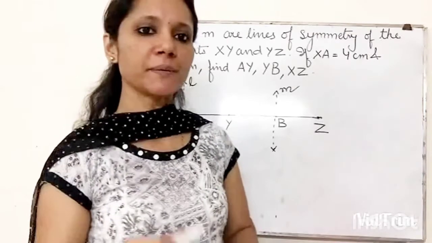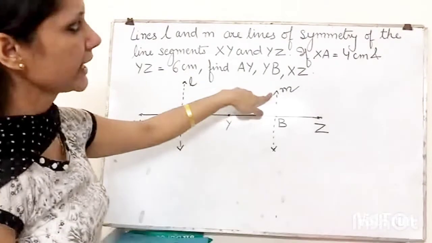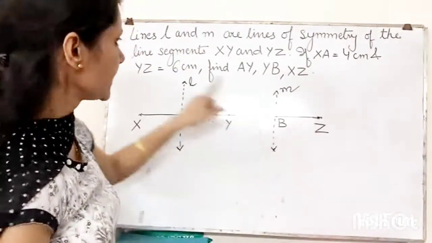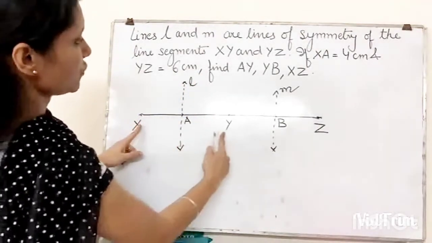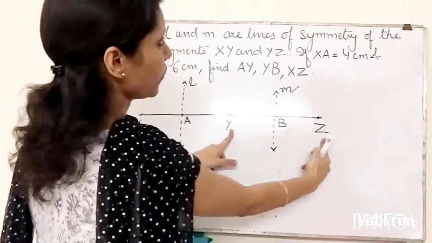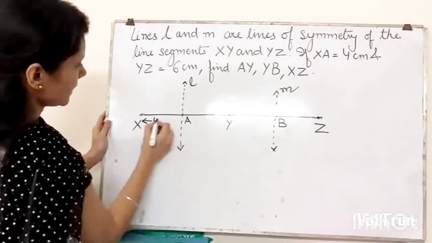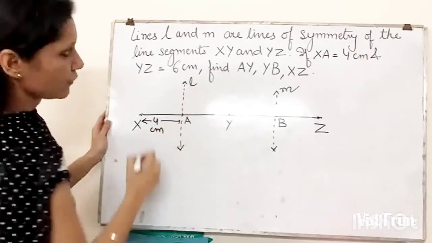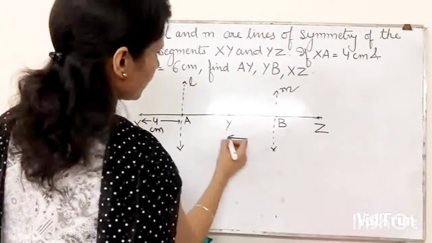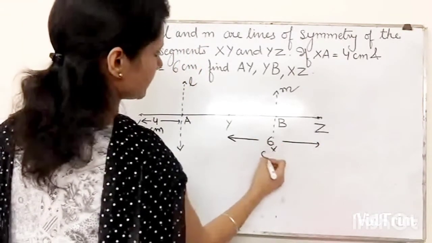Questions based on symmetry. First question is, lines L and M are the lines of symmetry of the line segments XY and YZ. That means this line L is the line of symmetry of XY and this line M is the line of symmetry of YZ. If XA is 4 centimeter, that means this is 4 centimeter, and YZ, that means from here to here it is 6 centimeter.